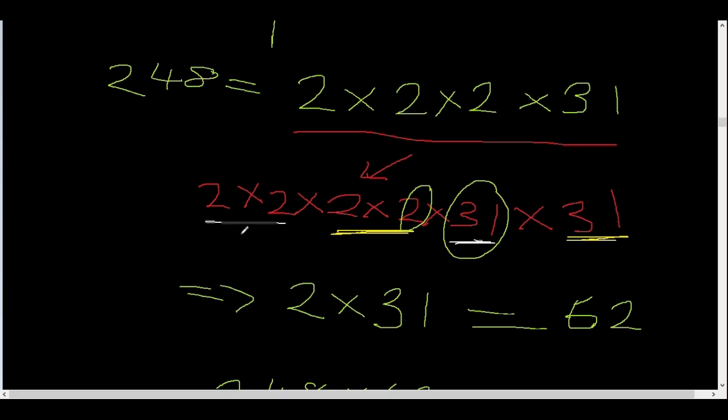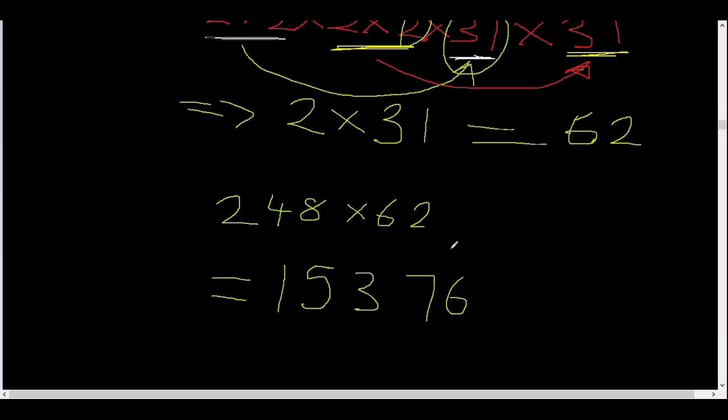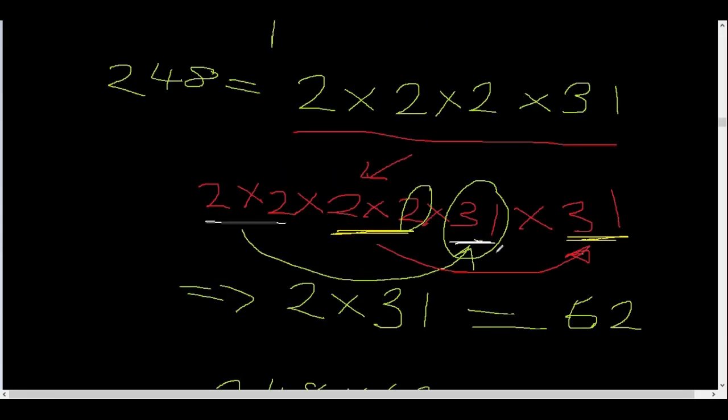And the square root will be these numbers I'm highlighting: 2 times 2 times 31, and it's 124, and the same here.